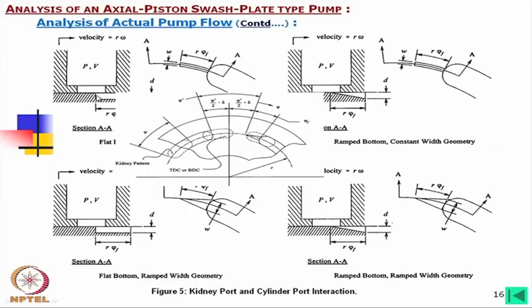That means the depth remains the same, and this is also rectangular type. That means you can put a side and end mill cutter and make this slot like this.